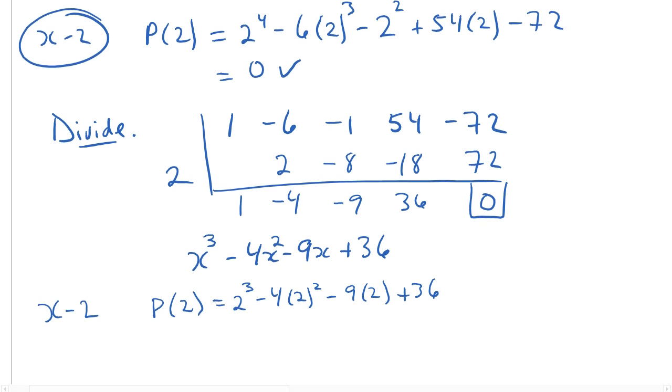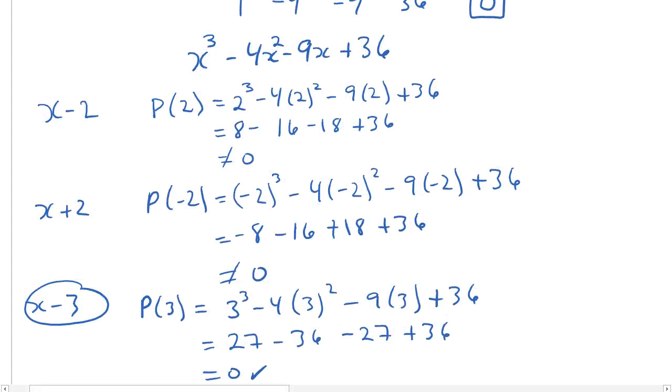And I think I get, what is this? Is this 8? Minus 16 minus 18 plus 36. No, that's going to be 10. It won't be 0. Okay, if you want to hit pause here and then work ahead a little bit again, if you're at this spot, I'm going to go ahead and do a bit more.